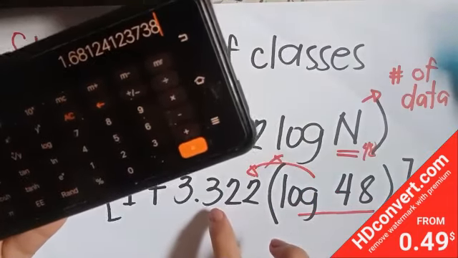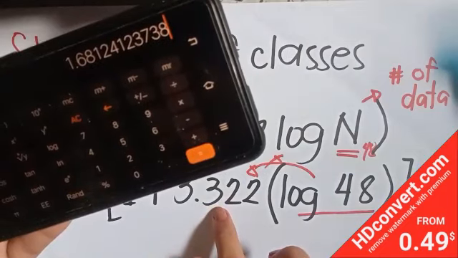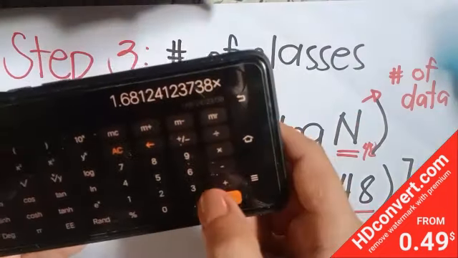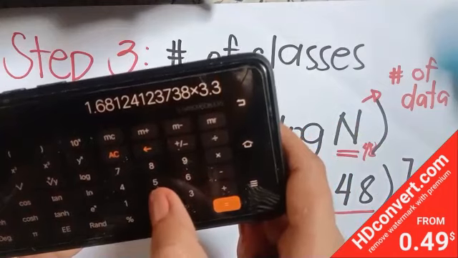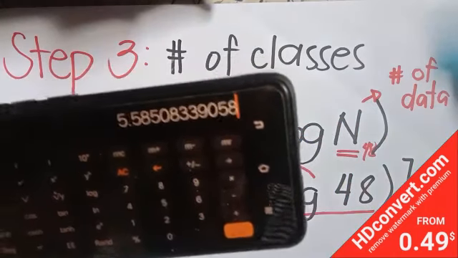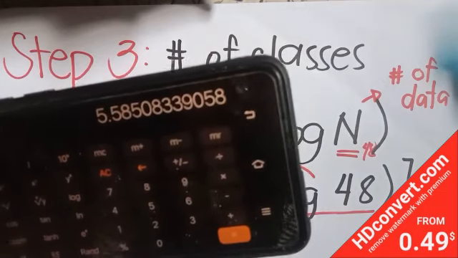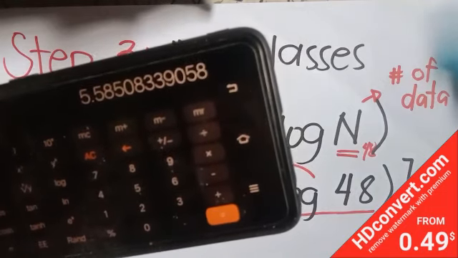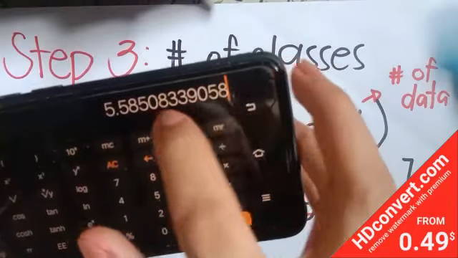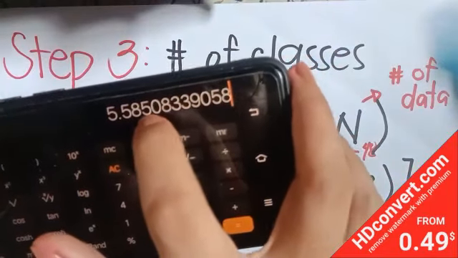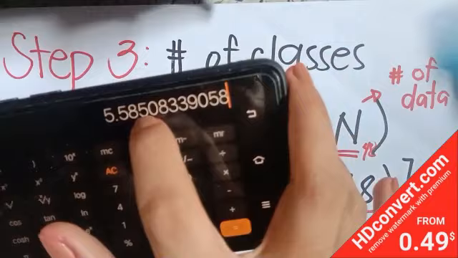Then, i-multiply nyo kay 3.322. Then, times 3.322 is equal to 5.585 and so on and so forth. So, dito, ang kukunin mo lang ay yung hanggang 3 decimal places. So, ibig sabihin, hanggang kay 5.